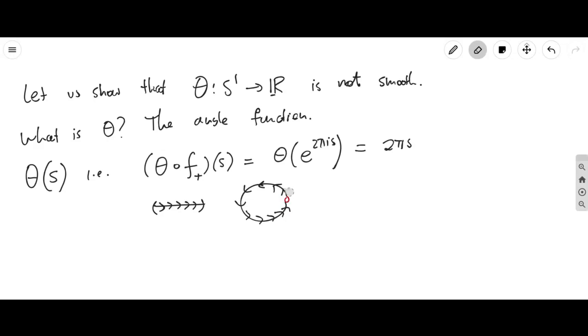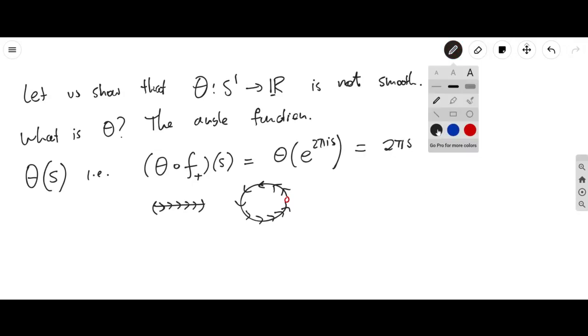It makes sense that you define this to be 0, like pi over 2, pi, and then back to 2 pi. And because s is on the open interval from 0 to 1, you never run into this issue of how to define the angle. It seems to be clear how to do it. The full wind around does not occur, and so there's no issue in how to define the angle function. This would be the way to do it.